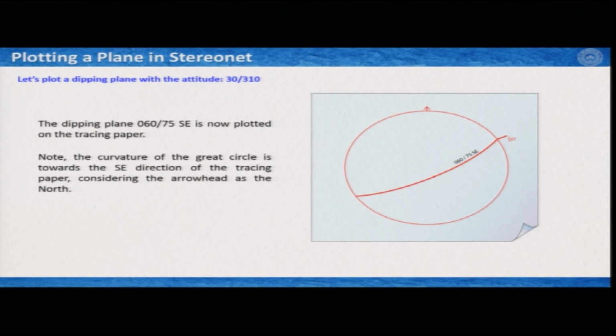So, if you take it off from the stereo net, it would look like this. You just write the value here, what is the data of this plot, and you are done plotting a plane on a stereo net.